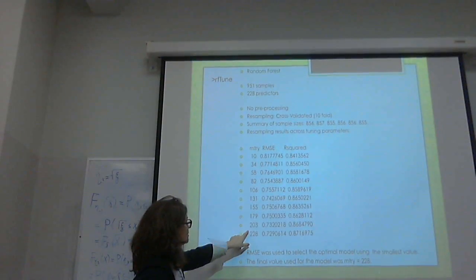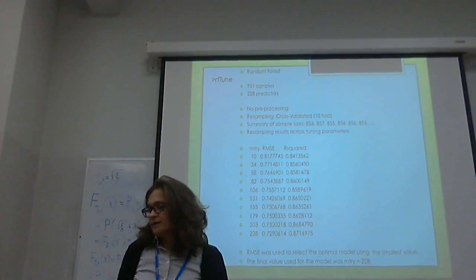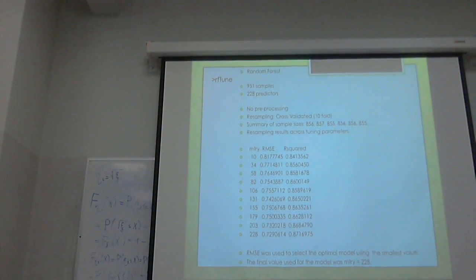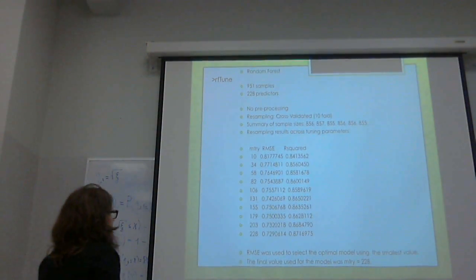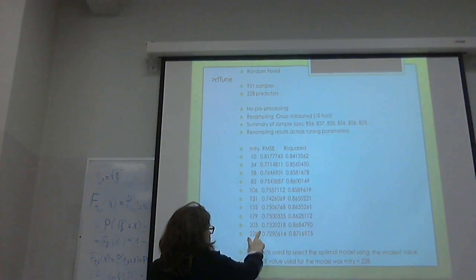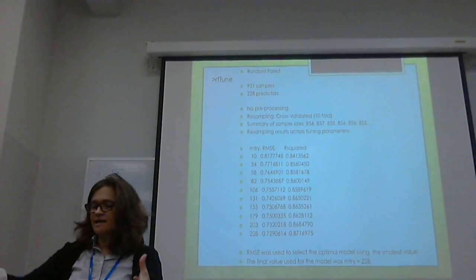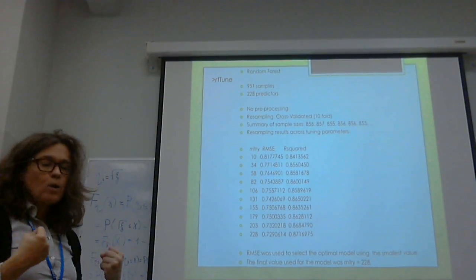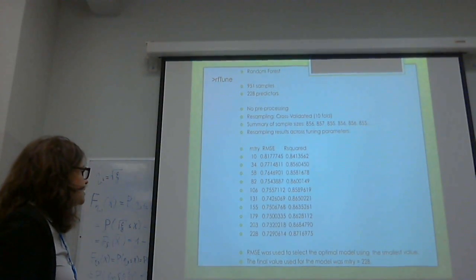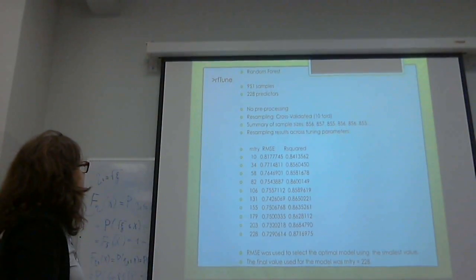This is actually irrelevant because you just have 228 and every time you randomly take all predictors, right? It doesn't make sense to include this one. But the randomness will come from the bootstrap sampling, because we're not only randomly taking predictors, we also, when we train the tree, take bootstrap samples from the data.